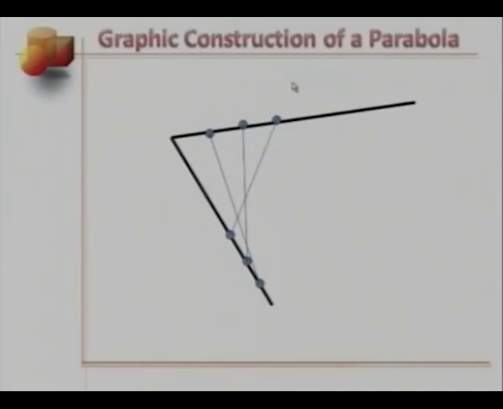You would keep continuing the process and finally you would want to draw a curve that passes through this point, through this point, and is tangent to all these line segments. The curve in red is your parabola.